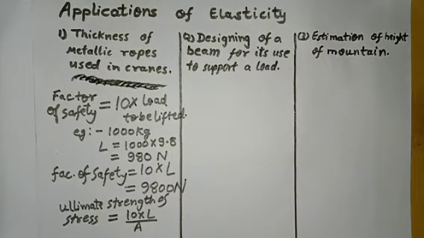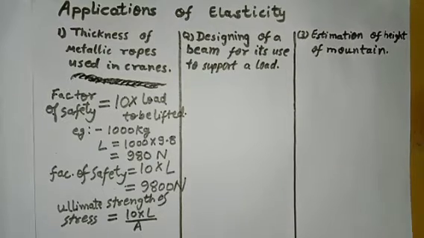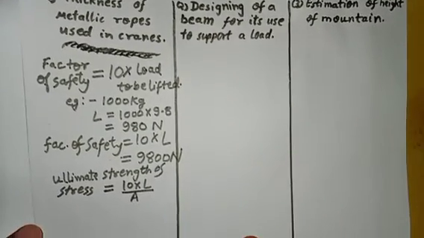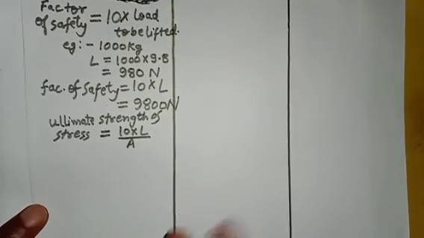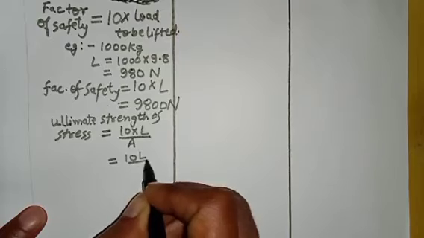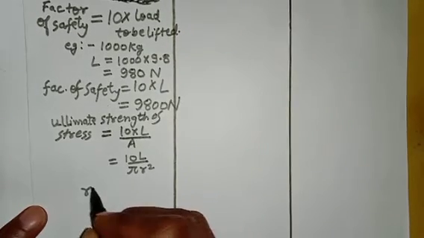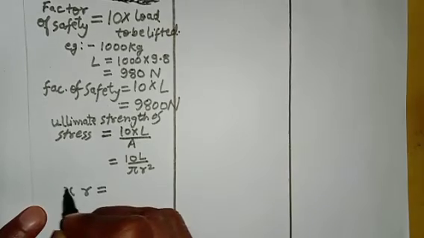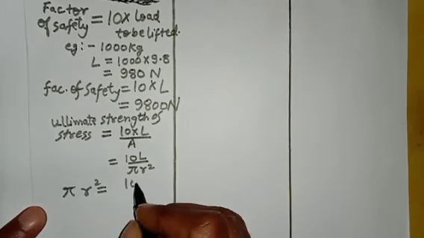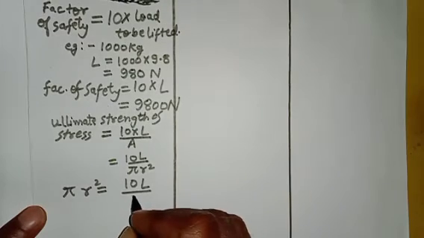of cross sectional area of that rope. All right, so next we know 10L upon pi r square. If we want to find the radius, I will write all the steps, upon ultimate stress, which we can say sigma.